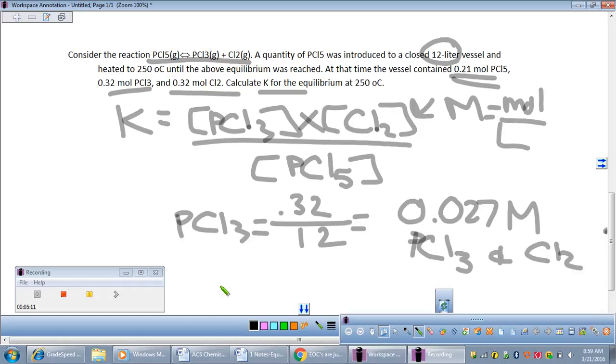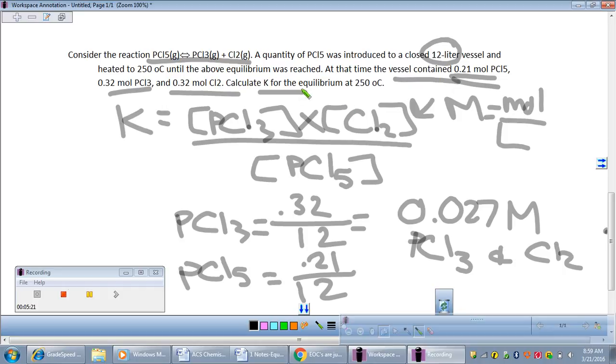Less math. And then our reactant, we have 0.21 over 12. Now notice that these are the concentrations at equilibrium. That's important. We'll get to that later in this unit. Alright, so I'll plug that in. 0.018 molarity. Okay, so I have all three molarities.